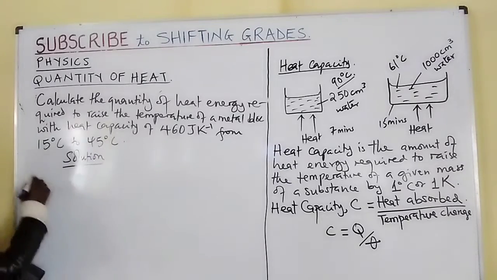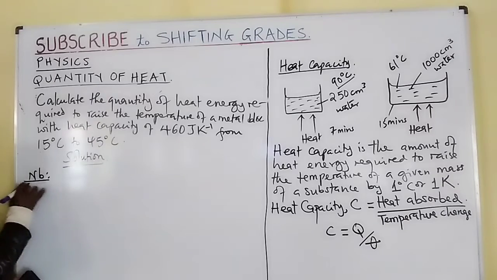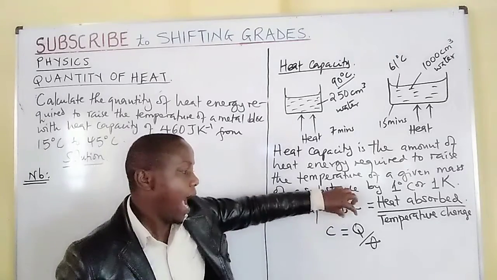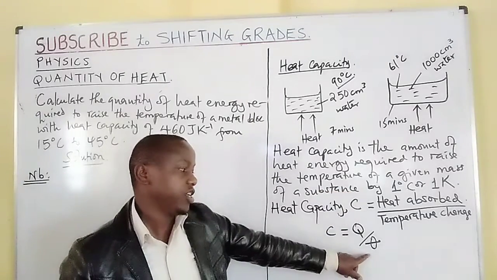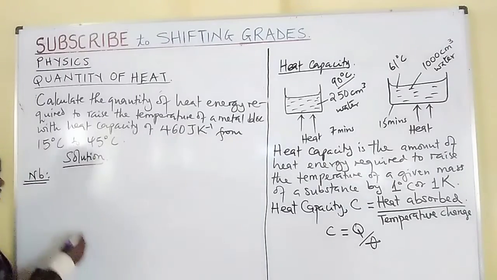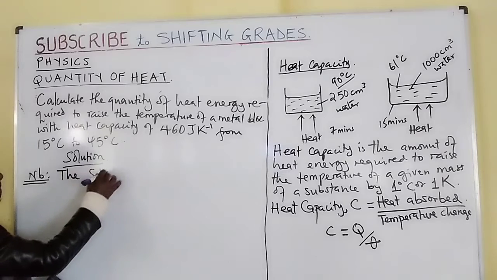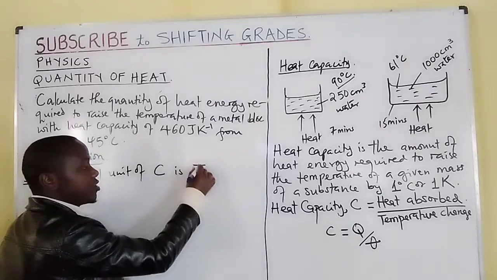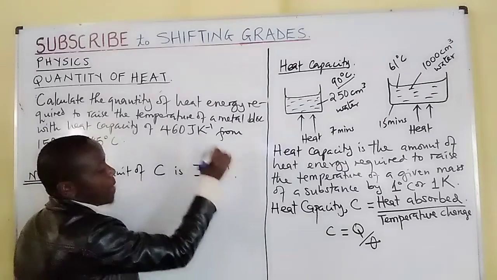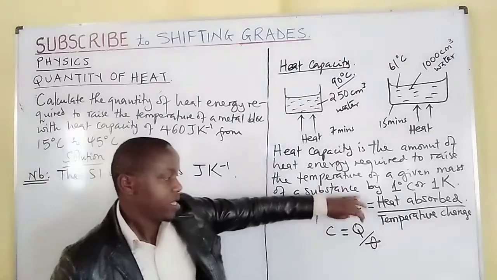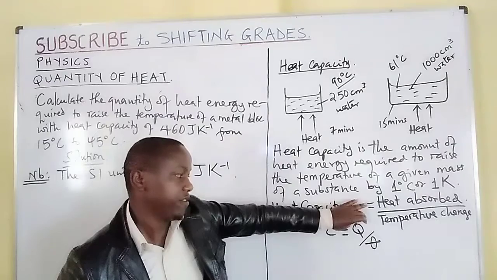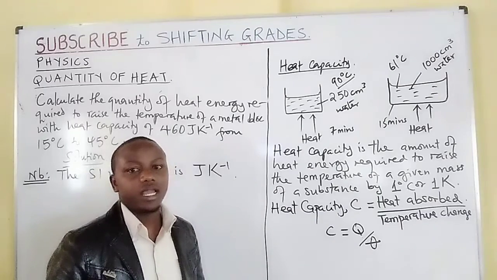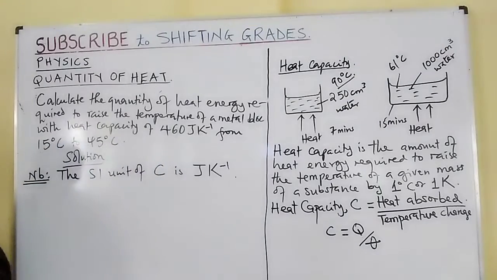Let me just mention this before we continue, because the heat capacity is given by the amount of heat absorbed over the change in temperature, we usually say that the SI unit of heat capacity is joules per Kelvin, because we got the quantity of heat, which is in joules, divided by the change in temperature, which is in Kelvin. Therefore, that's how we state.